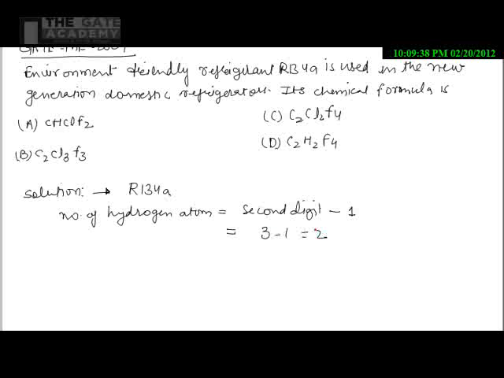Now we will see the number of fluorine atoms.